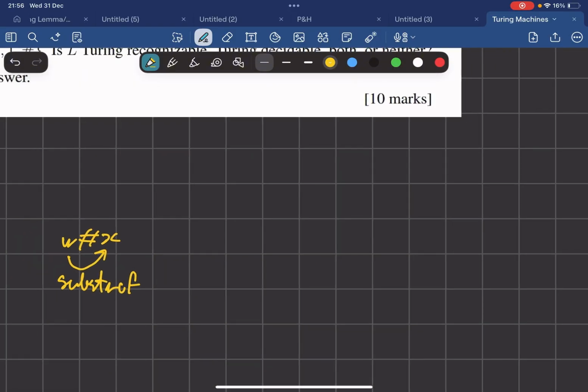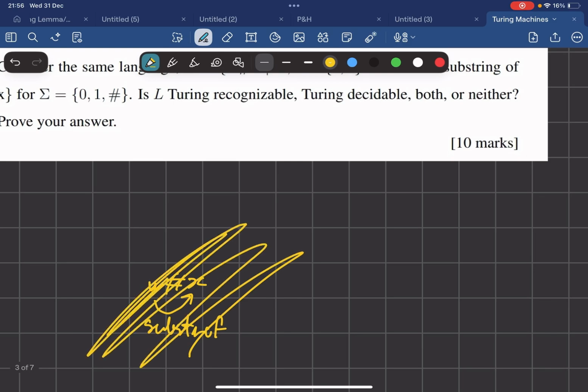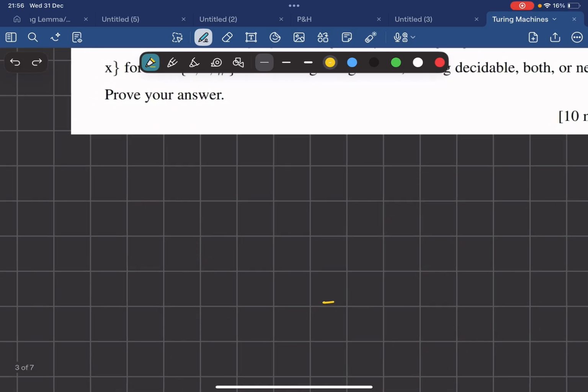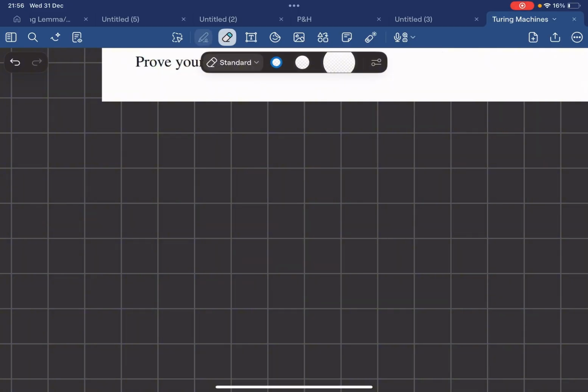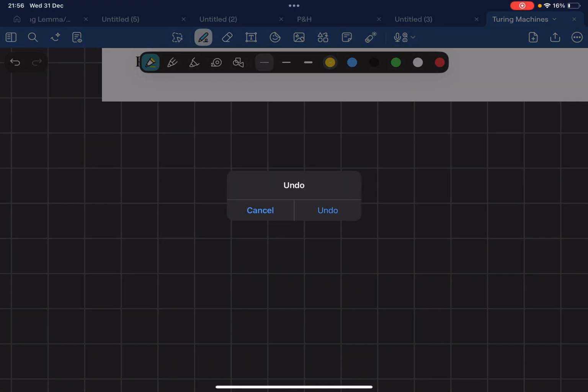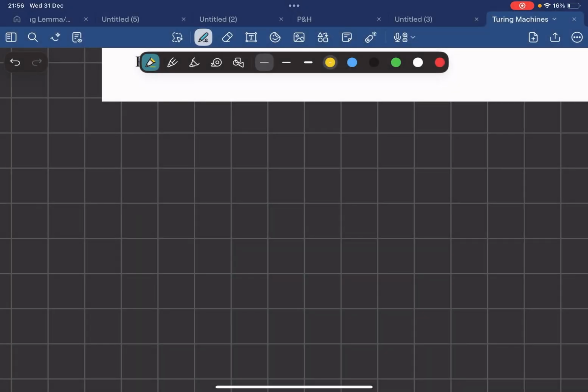Now, can we create a Turing machine that recognizes whether or not one string is a substring of another? Well, let's think about it. As we said before, anything a computer can do, or a human can do, a Turing machine can also do. So if a human can figure out if one string is a substring of another, then so can a Turing machine. And if you can program a computer to do that, then you can also make a Turing machine do that.